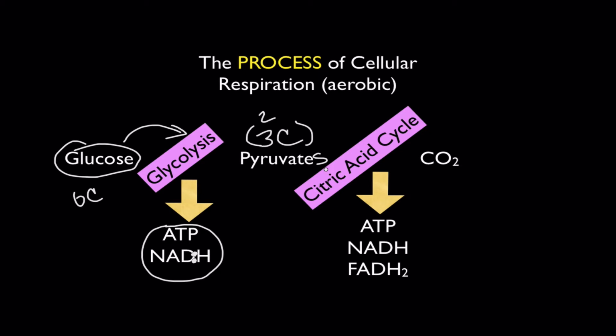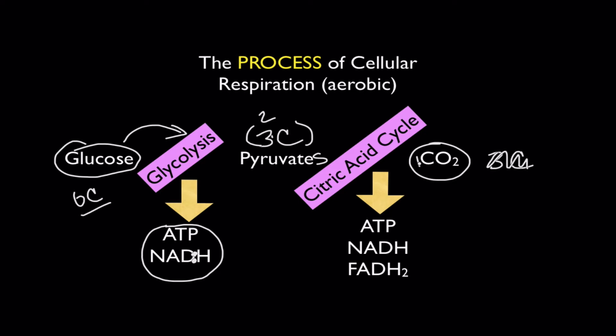And then the pyruvates are going to feed into something called the citric acid cycle and be converted to carbon dioxide. And of course, if we're breaking something down into carbon dioxide and we start with 6 carbons, we're going to have to end up with 3 carbons. So one of the things you can do here is just follow the carbon counts. We start out with 6, break it down to 3, and break it down to 6 molecules, each containing 1 carbon apiece.